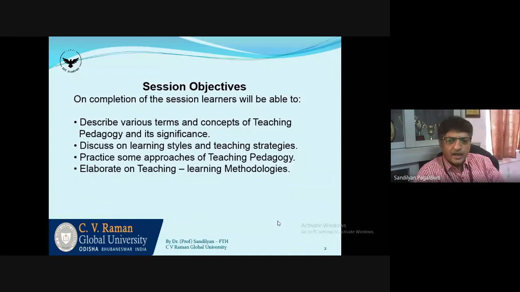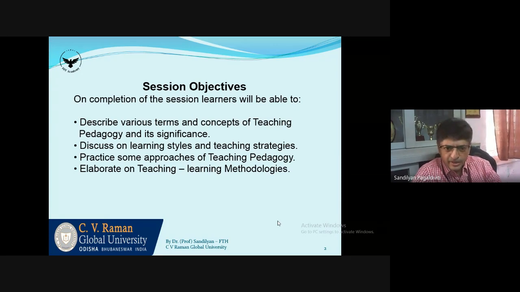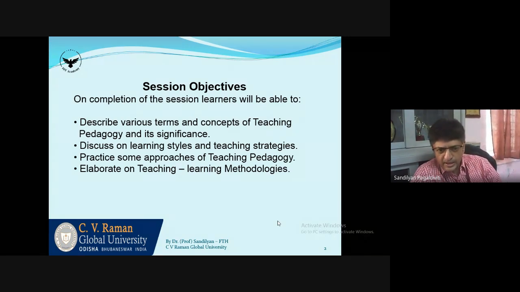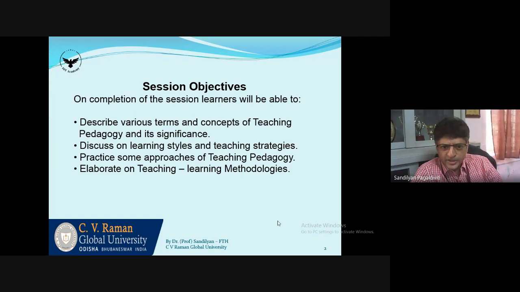Before any session, we must understand the objectives or the purpose of a session. So the objectives of this session are, since we are talking about teaching pedagogy, we will try to understand the terms and concepts of teaching pedagogy. We will understand the significance of these terms.